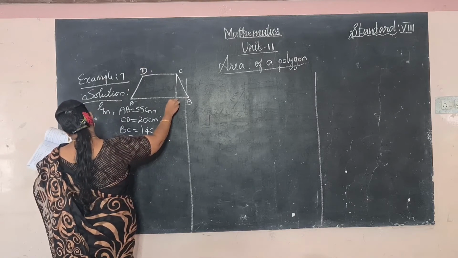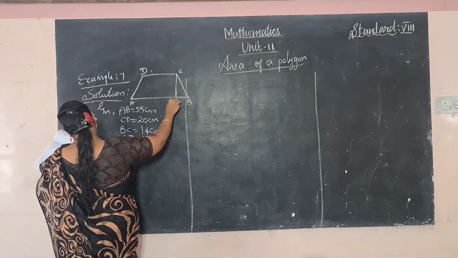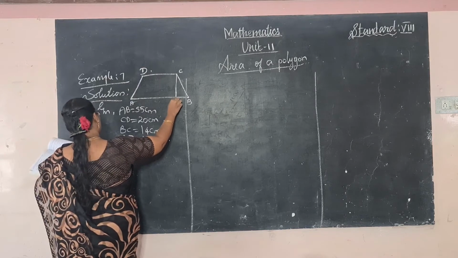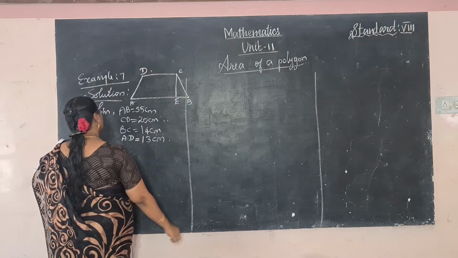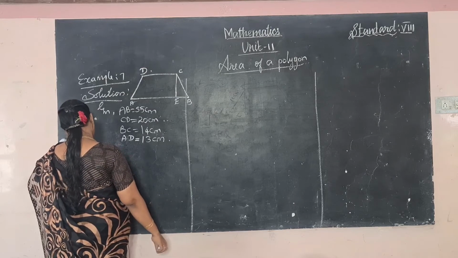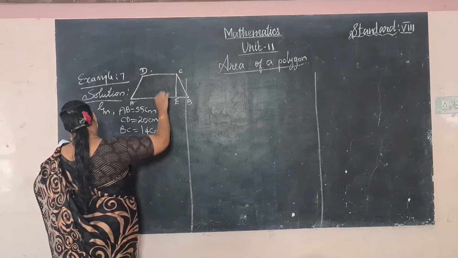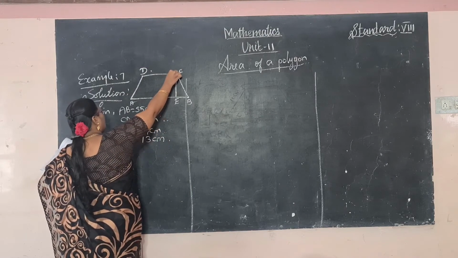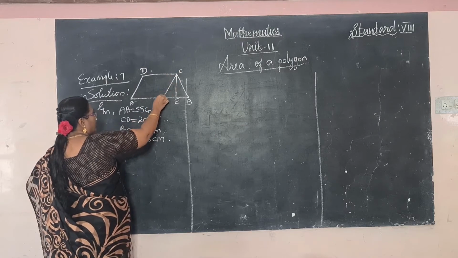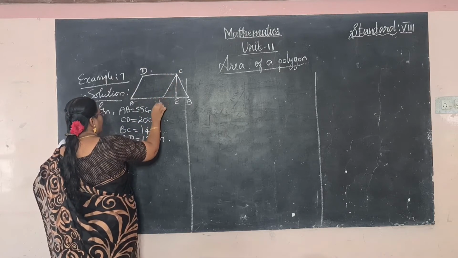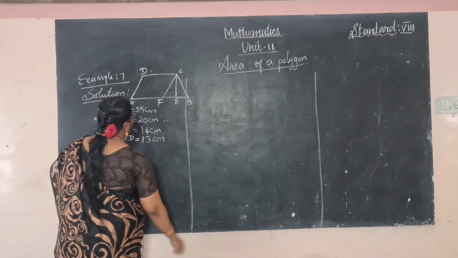Okay, it is denoted by E. And then draw the parallel line. It is denoted by F.